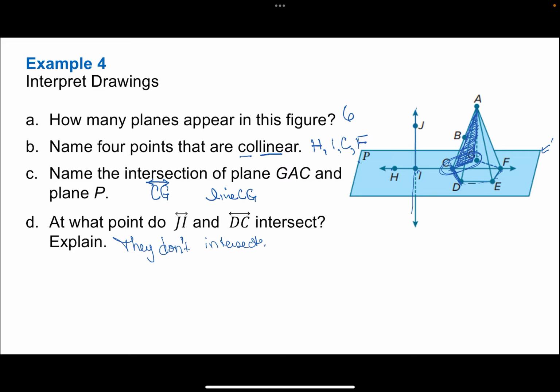And it says to explain, well, CD is in plane P, and line JI is a separate line from that. JI is not intersecting CD, so the line JI can't intersect CD.